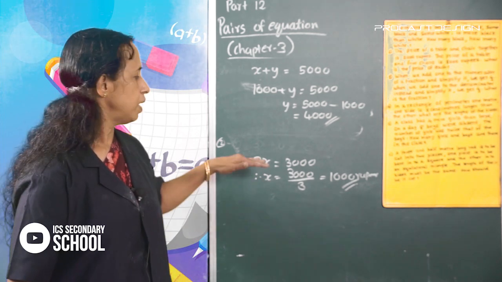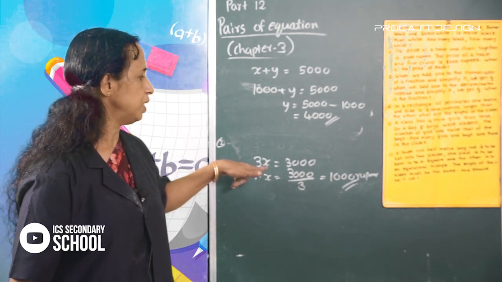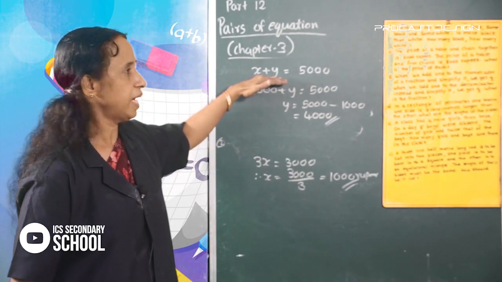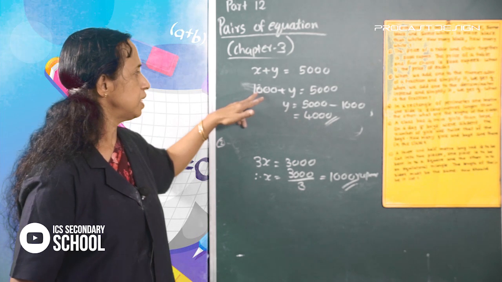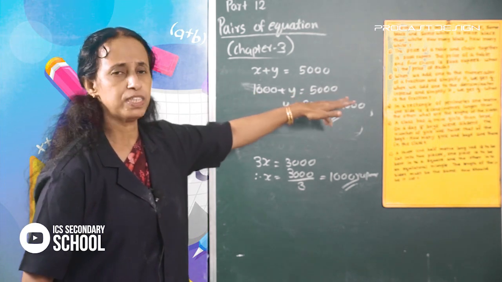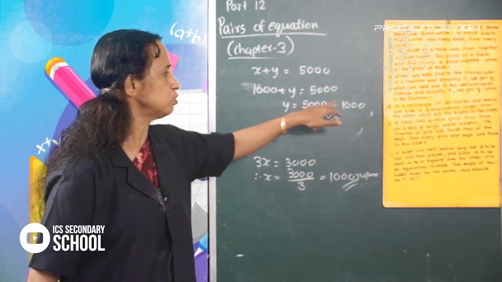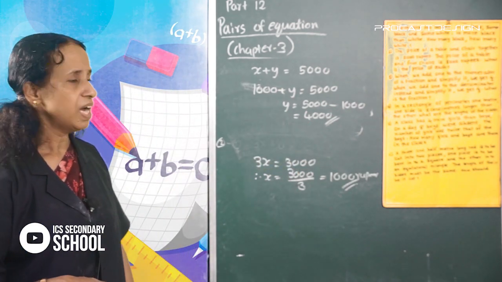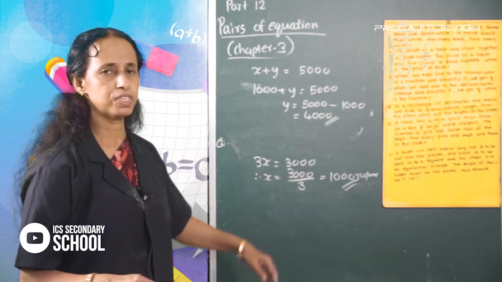Okay. For the price of a table, put the value of x in the first equation. X plus y is equal to 5,000, so 1,000 plus y is equal to 5,000. Y is equal to 5,000 minus 1,000, which is equal to 4,000. The price of a table is equal to 4,000.